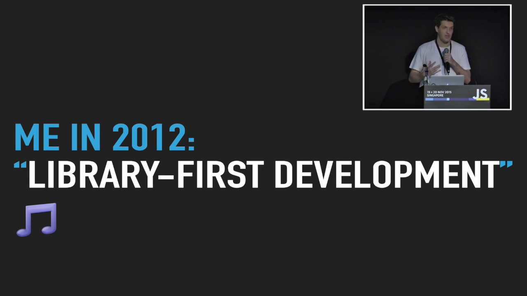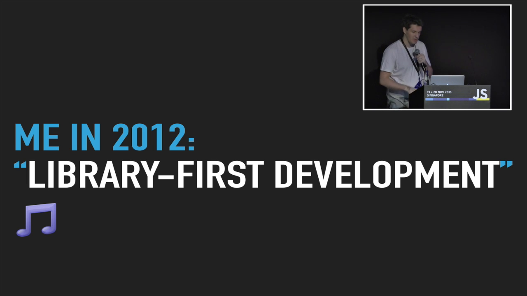the way I was treating this was, well, if you can open source it, why not open source everything from the beginning? Library first development. The concept was, we often pull tools out of NPM and use them in our projects to solve various problems.